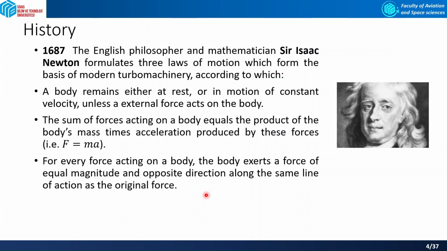The second says the summation of forces acting on a body equals the product of the body's mass times the acceleration produced by these forces, or the well-known formula F equals ma. And the third law says that for every force acting on a body, the body exerts a force of equal magnitude and opposite direction along the same line of action as the original force.